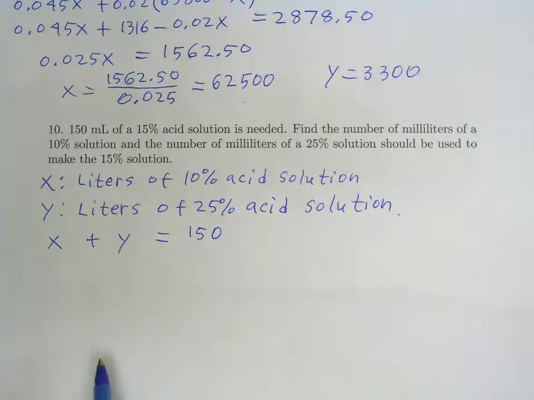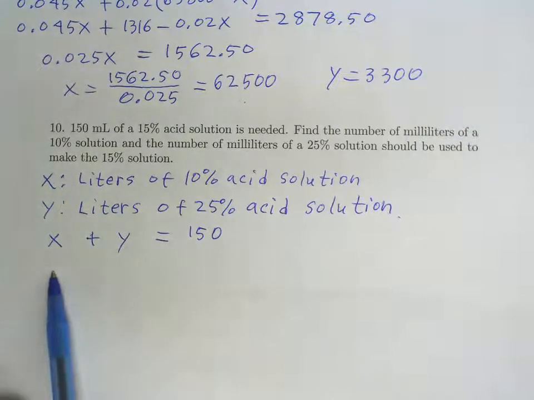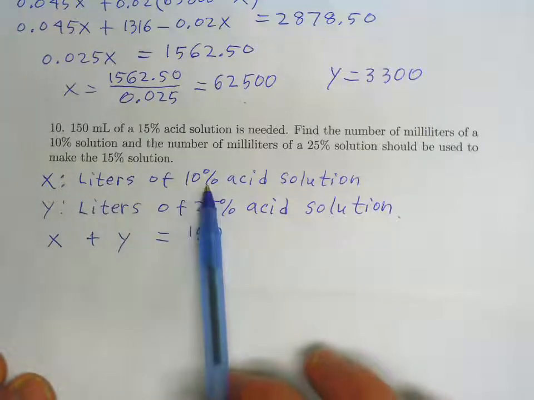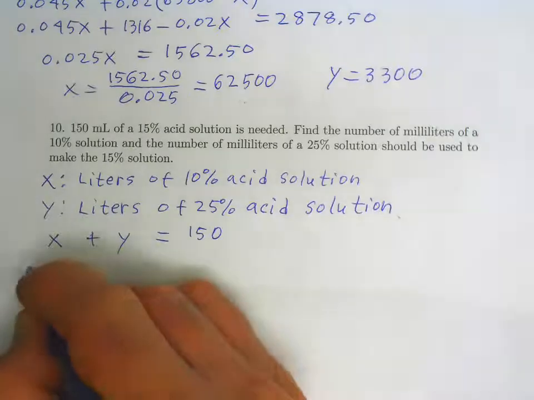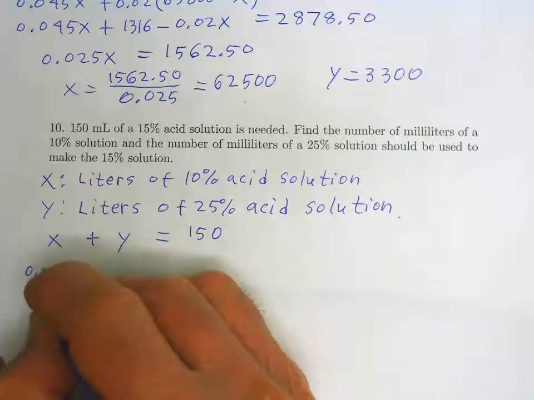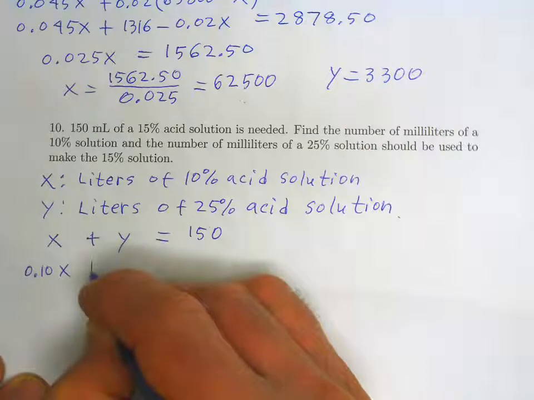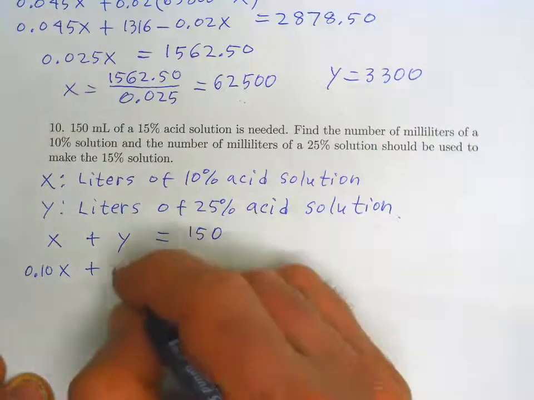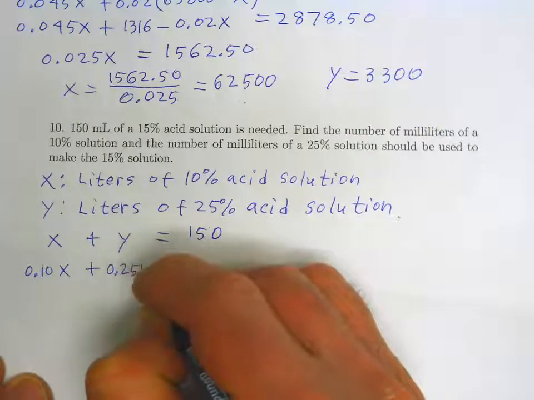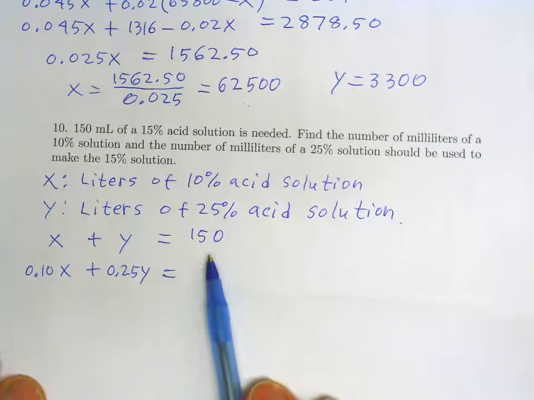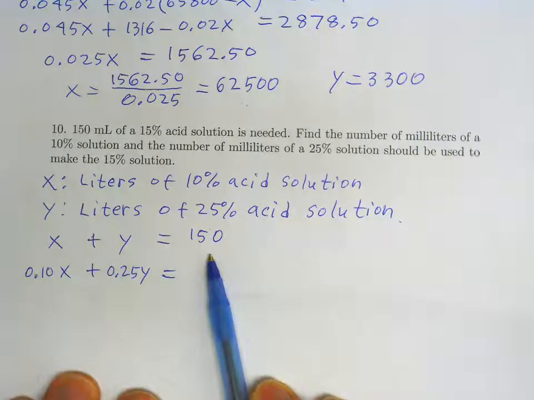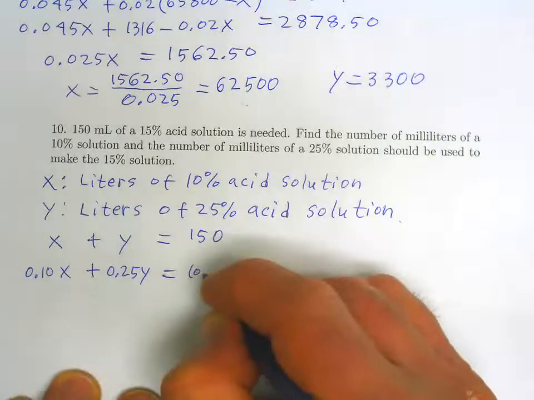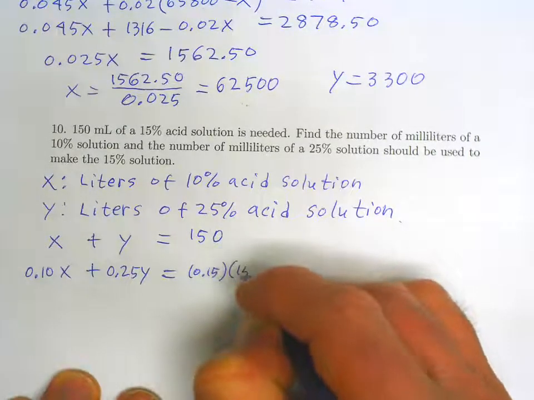And then the next equation will involve the percentages. So if X liters is 10% acid, then the amount of acid in those X liters is 0.10 times X. And then we're adding that to 0.25 times Y. And then the mixture is 15% acid, so we have to multiply 0.15 times 150.